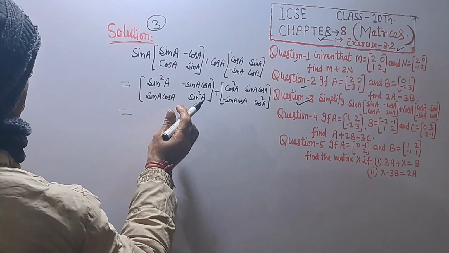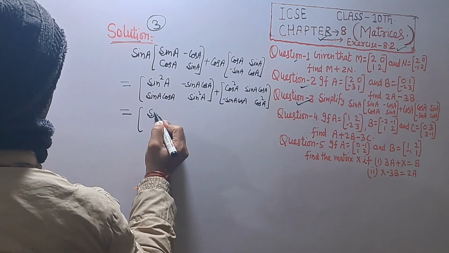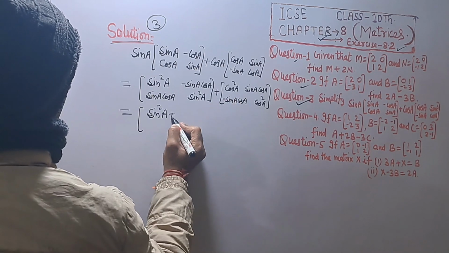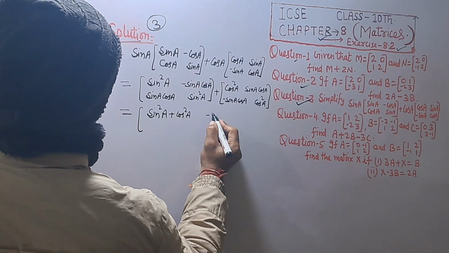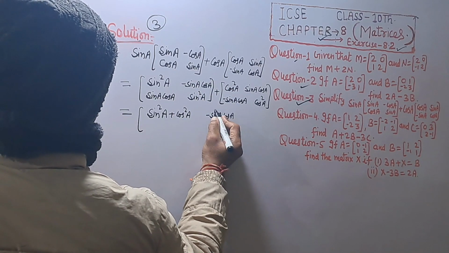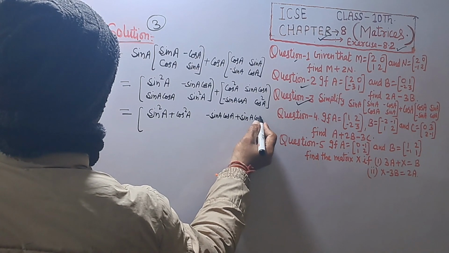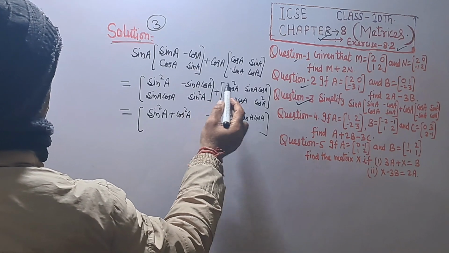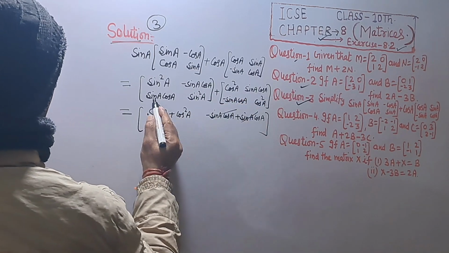The next step is addition. So first, sin square A plus cos square A, the first element. And then minus sin A cos A plus sin A cos A, this cancels.